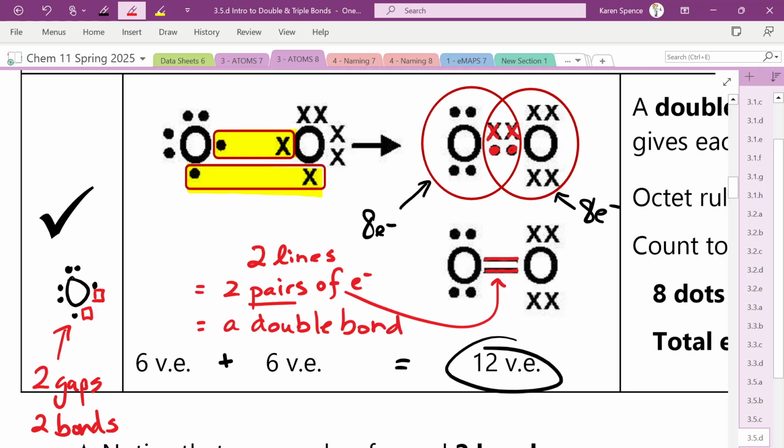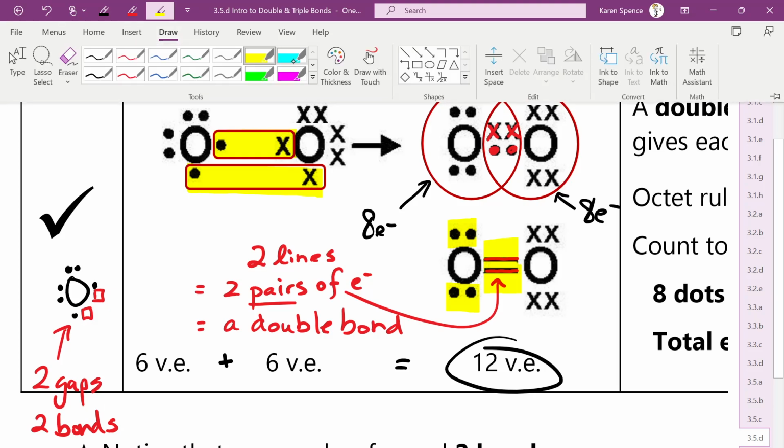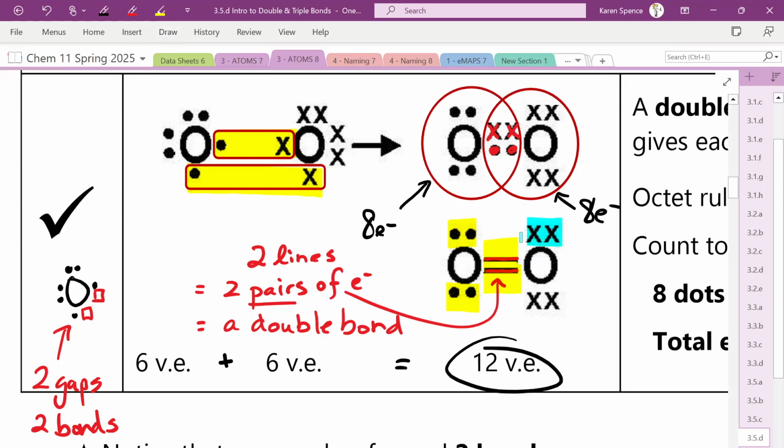If you were counting your electrons for the oxygen on the left, you would say 2, this top bond is 4, the bottom bond is 6, and then 8. For the oxygen on the right, I have 2 up here, the top bond is 4, the bottom bond is 6, and that lone pair is 8.